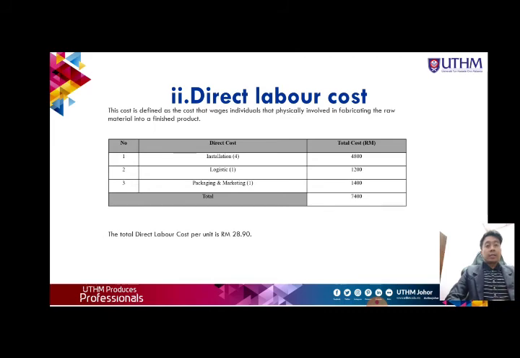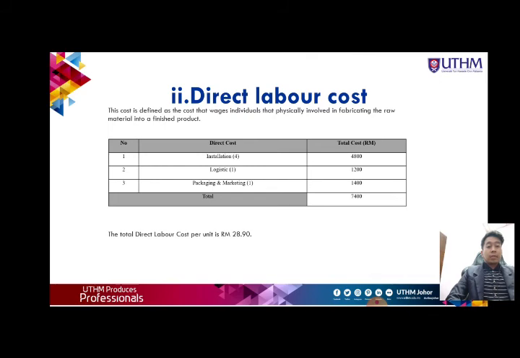We just install the finished components and sell them to our customers, so we have 4 workers in the installation line that will install all of the components, the logistics person who delivers our product to the courier, and packaging and marketing.